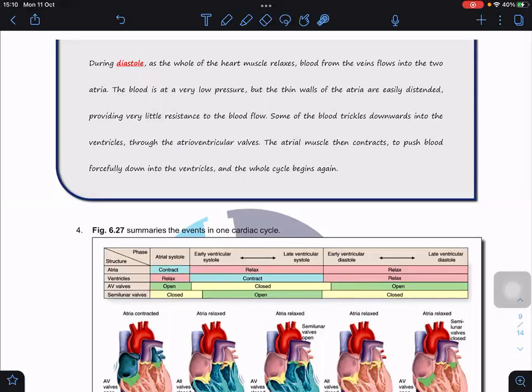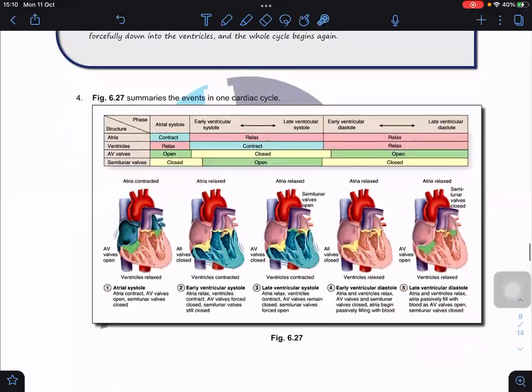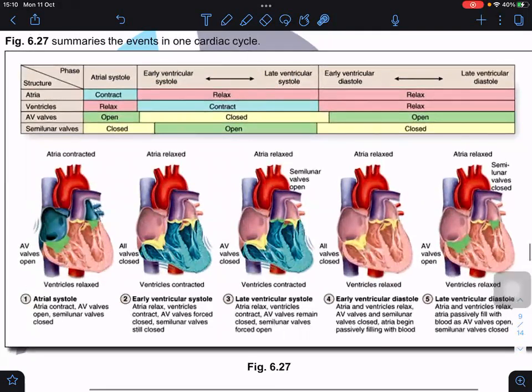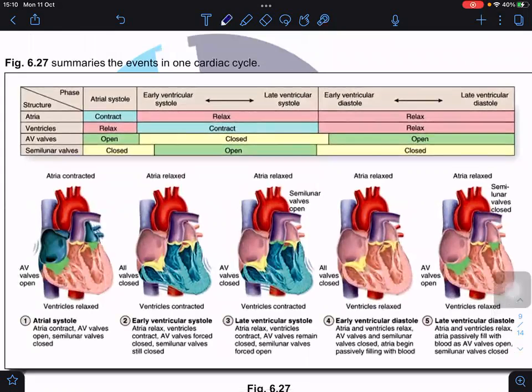The AV valve is now open, so the atrial muscle then contracts to push the blood forcefully down into the ventricle, and then you can see that the whole cycle begins again. So in figure 6.27, you do not need to worry about early or late. Just follow the entire thing here, which we call the ventricular systole.